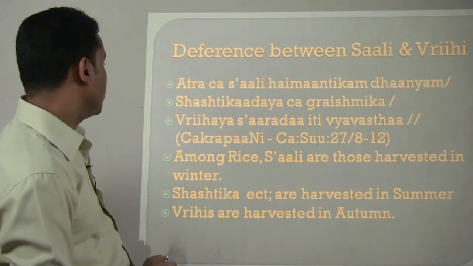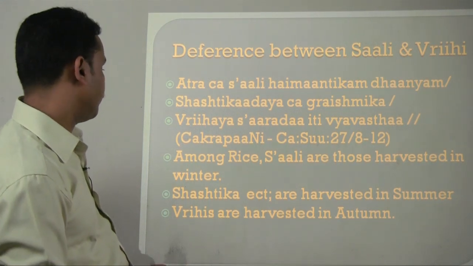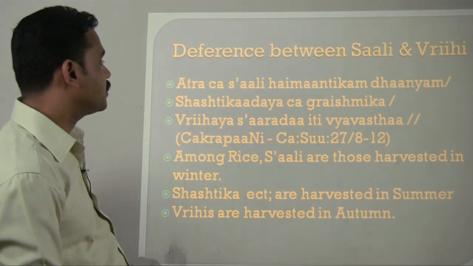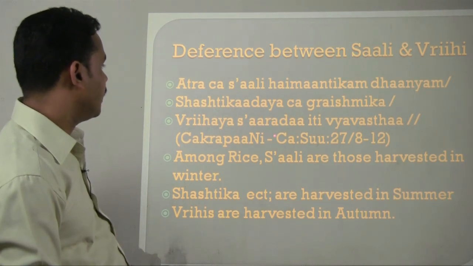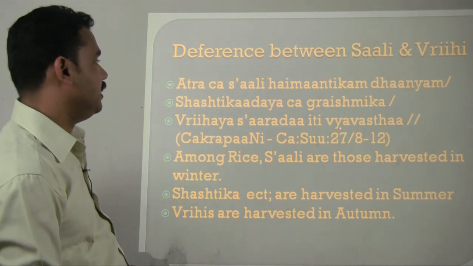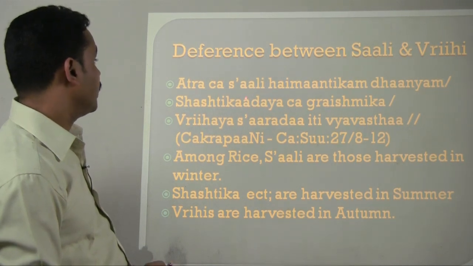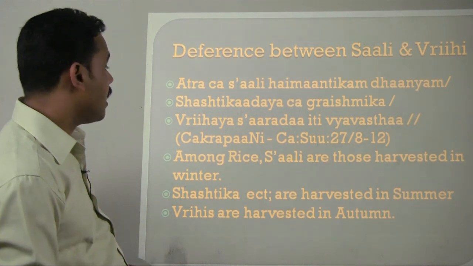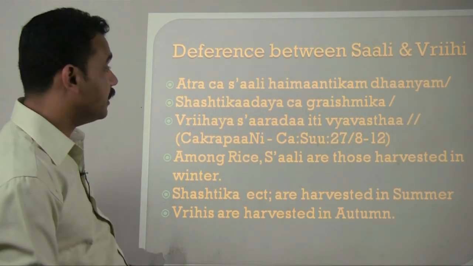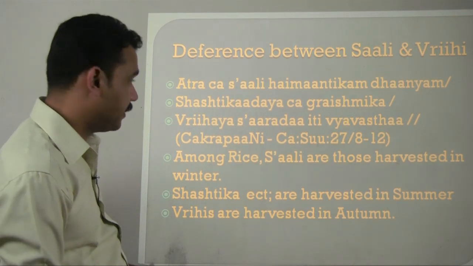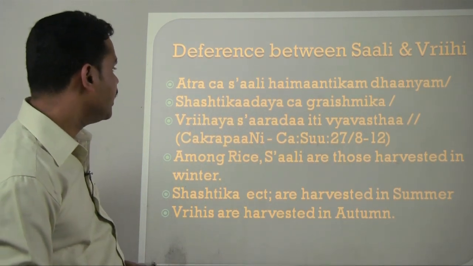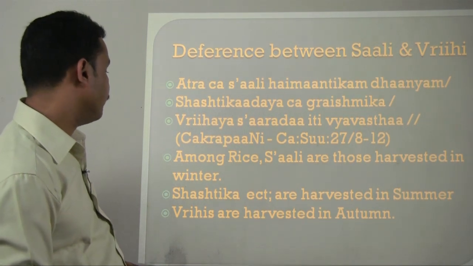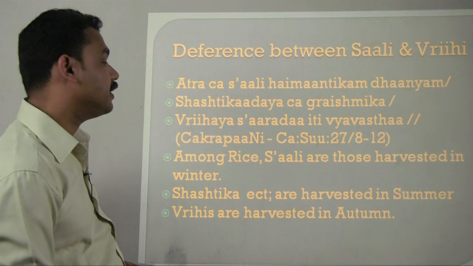Whereas Shashtika, etc. are Graishmika: Shashtika and such rices are harvested in Grishma, which means the summer. And Vrihis are harvested in Sharada, the autumn.